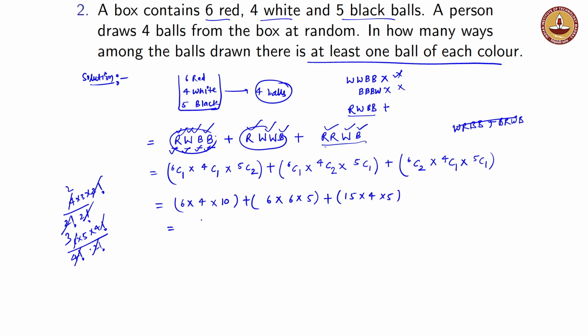So it will be 240, and it will be 180. Okay, so it will be 180. And next will be 300. So if we add these, we will get 720, which is the answer for this question.